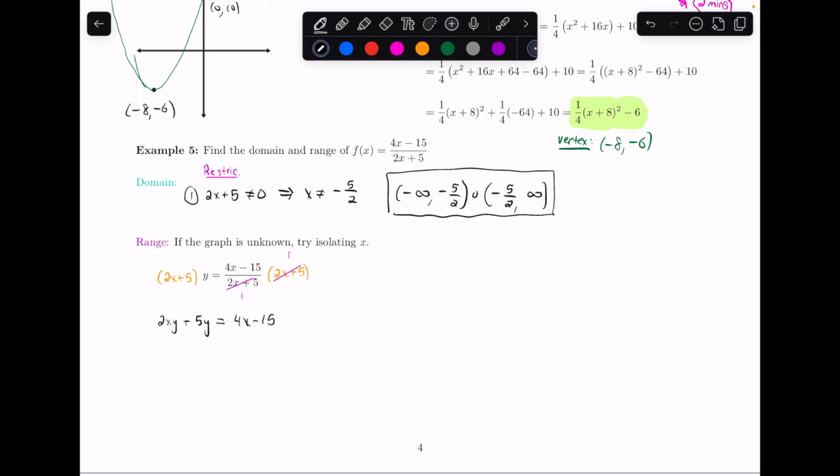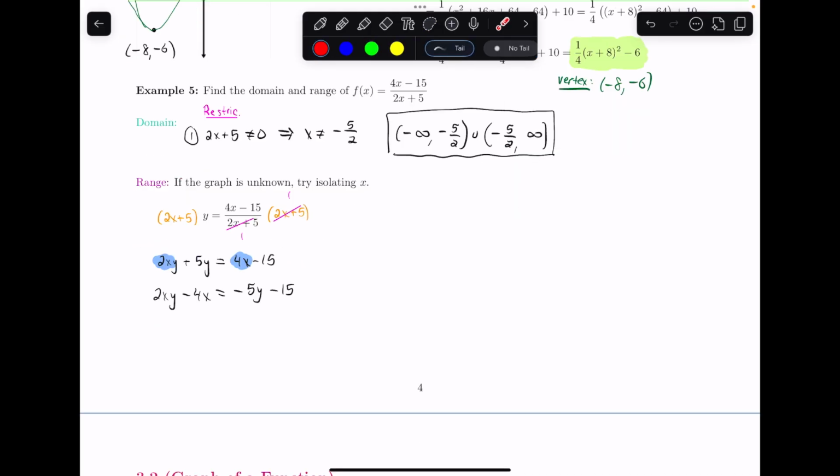Now I want to move all the terms that have an x to one side. This term has an x, this term has an x. Let's move the 4x over here, and then I'll move the 5y to the right. That's going to give me 2xy minus 4x equals negative 5y minus 15. On the left side, I notice that x is common to both of these terms, so I can factor that out.